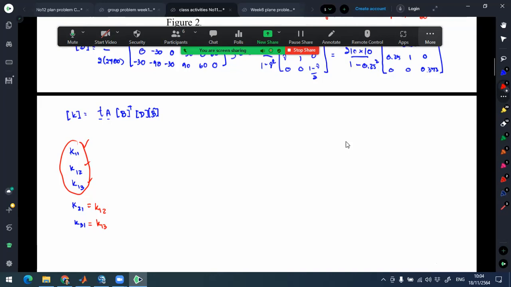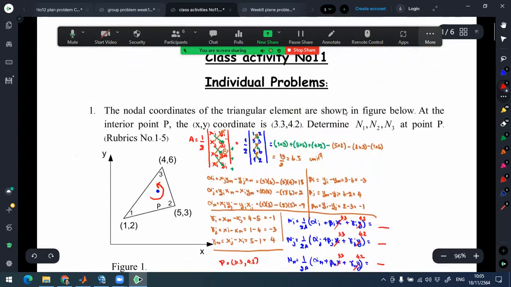You may solve it by expanding this equation, writing it in matrix form and multiplying it by yourself. You will obtain K11, K12, and K13. For K21 and K31, you may recheck by multiplying again to check that it is equivalent to K12 or not, but it is not necessary if you have limited time. That's all for the guideline for the class activity today.